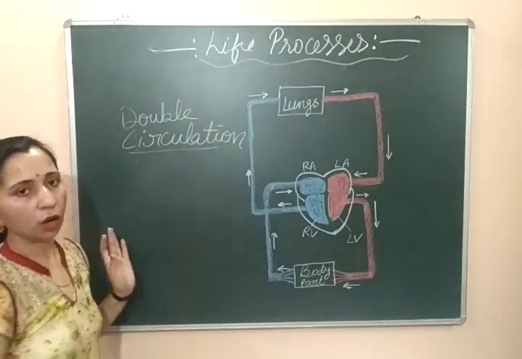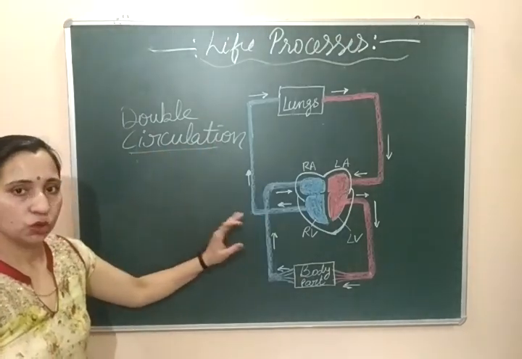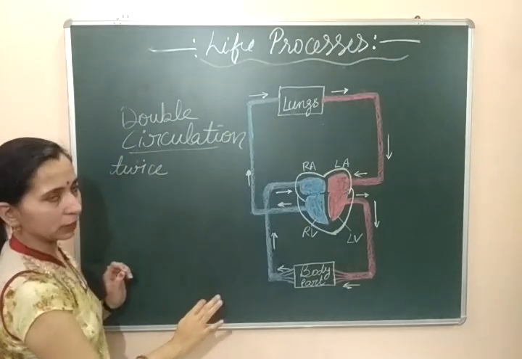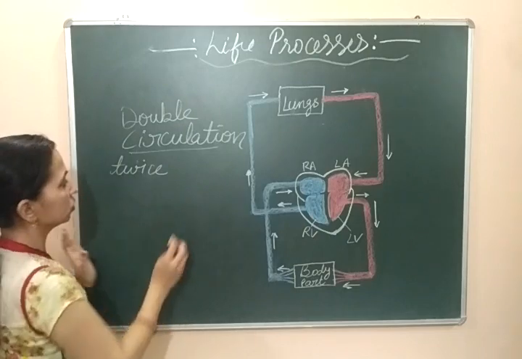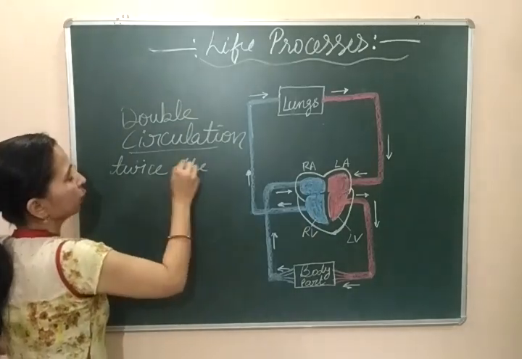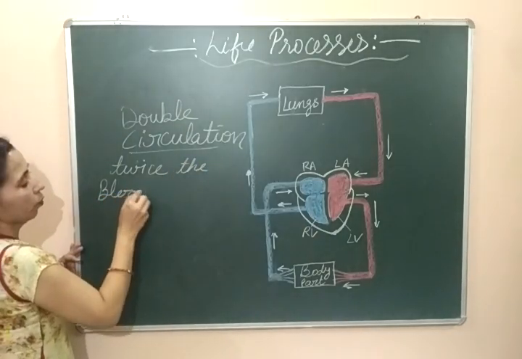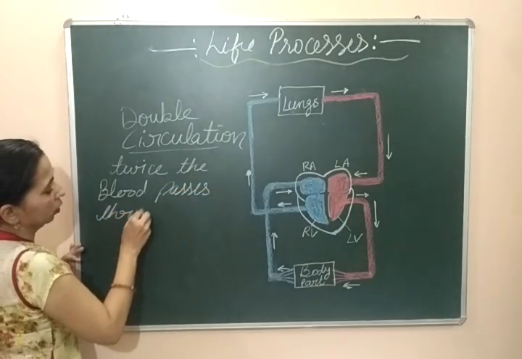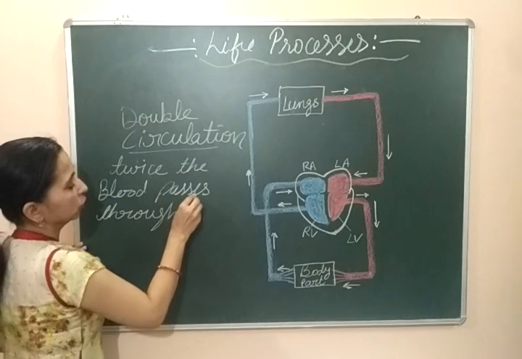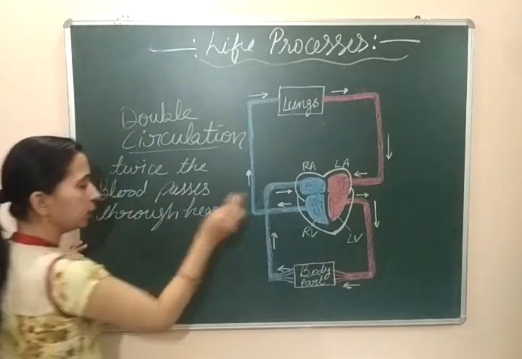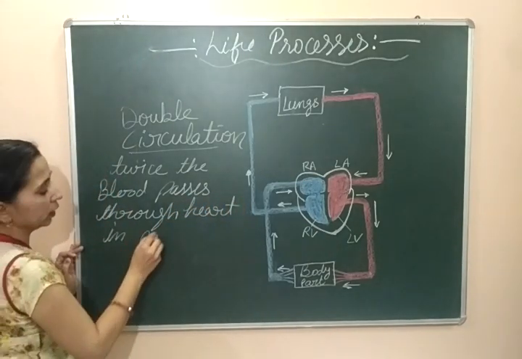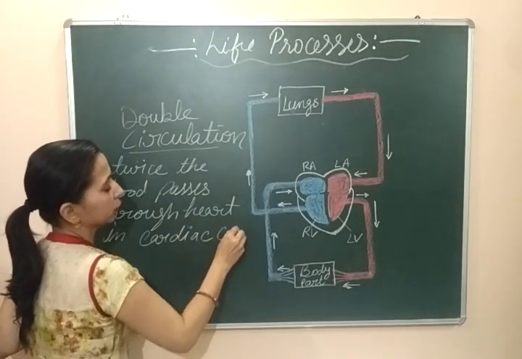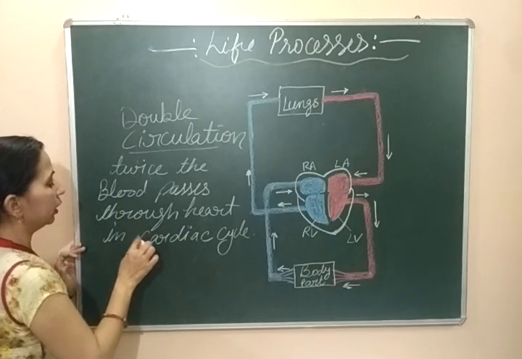So what is the meaning of double circulation? The passing of the blood twice through the heart in a single cardiac cycle. एक cardiac cycle के अंदर जब blood का transportation 2 times हो रहा है heart के through, that we can call double circulation.